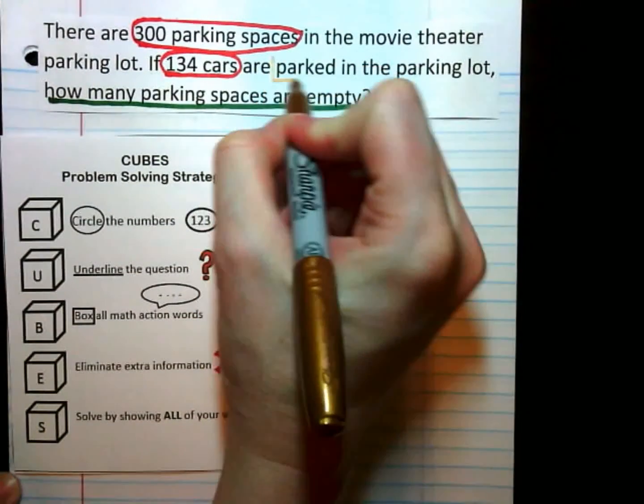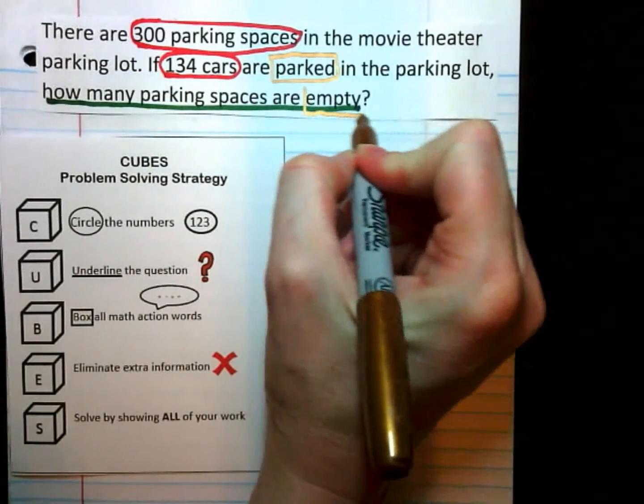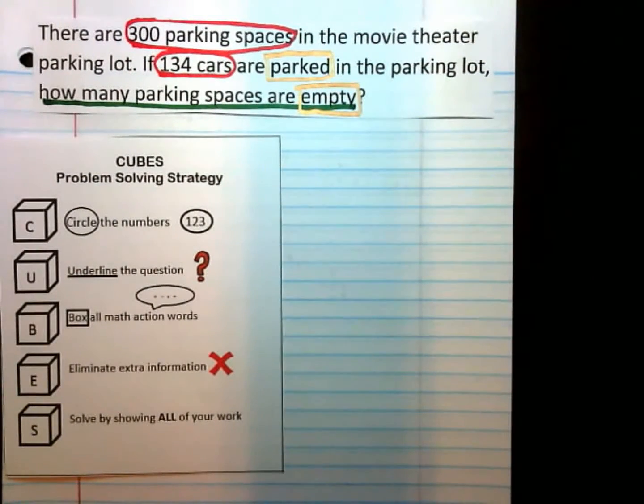So I'm going to box that in. How many parking spaces are empty? So I'm wanting to look for that empty number. Next, I'm going to take out any extra information. In this word problem, there's not any extra information that I need to take away that's not important. The last one is to show and solve.